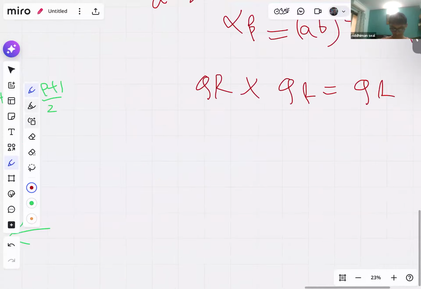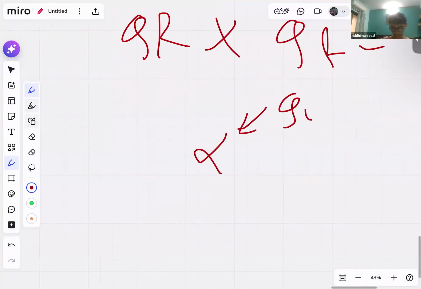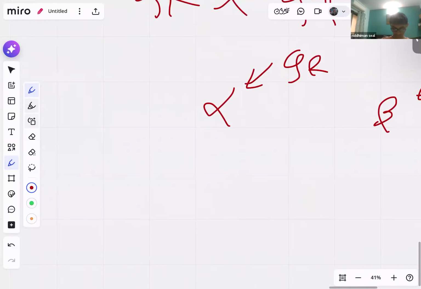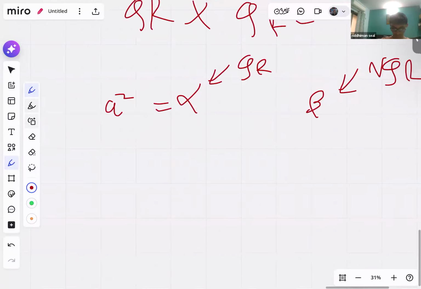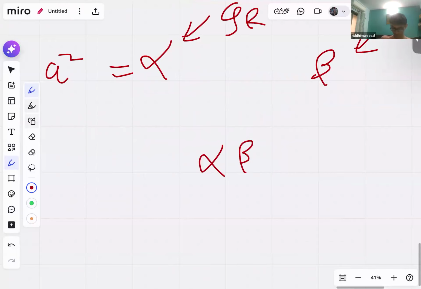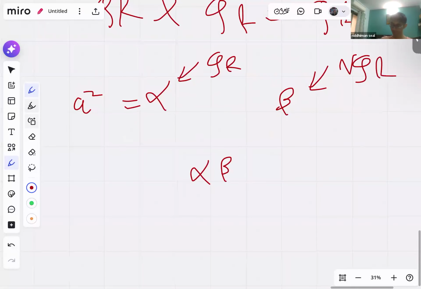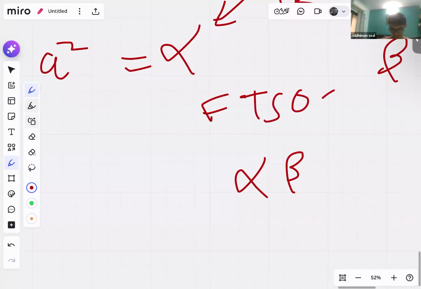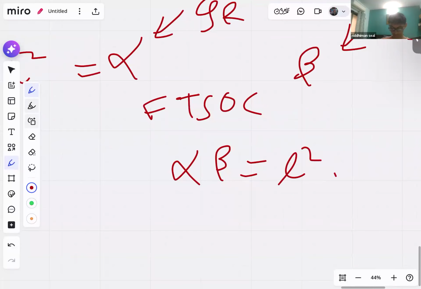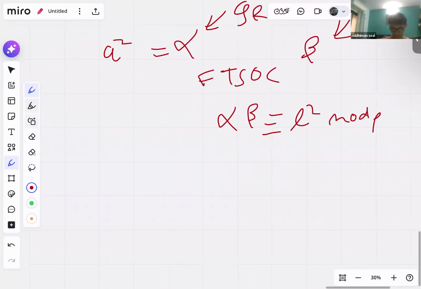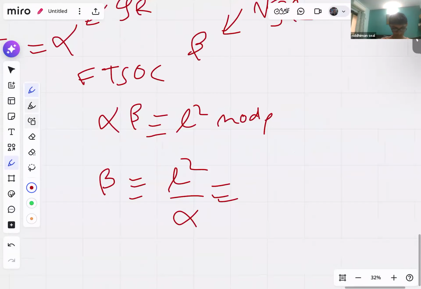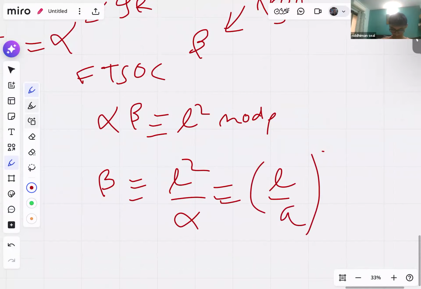Okay, what if we change this to an NQR? So alpha is a QR, but beta is an NQR. Alpha is a QR, we write this as A squared. So what can we say about alpha beta? This is also fairly intuitive. It's going to be an NQR, right? Because for the sake of contradiction, suppose this is some L squared, then we have beta is congruent to L squared by alpha, and alpha is A squared, so this becomes L by A the whole squared.